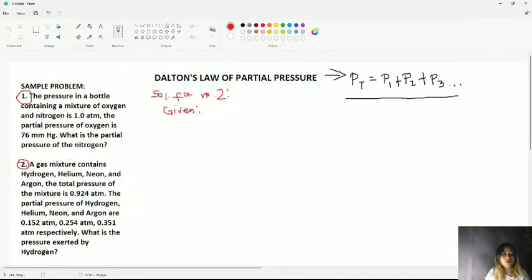Number 2 na tayo. A gas mixture contains hydrogen. Lagay natin dito si hydrogen. So, merong element hydrogen.